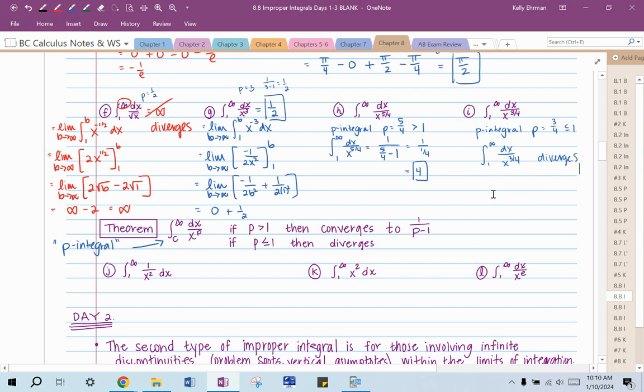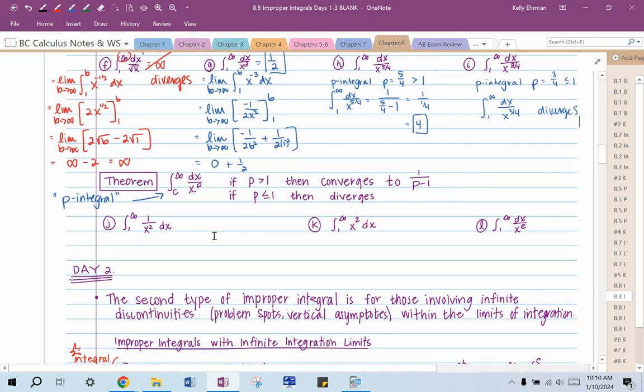All right, same thing with these last three. So let's just do a quick thing. This is 2. So this p integral should converge to 1 over 2 minus 1. This is not a p integral. It's not a p integral because it's not 1 over x squared. If you were to write it in that form, it would be 1 to infinity of 1 over x to the negative 2, x to the negative 2.